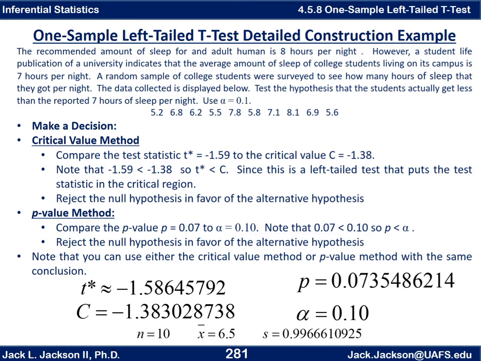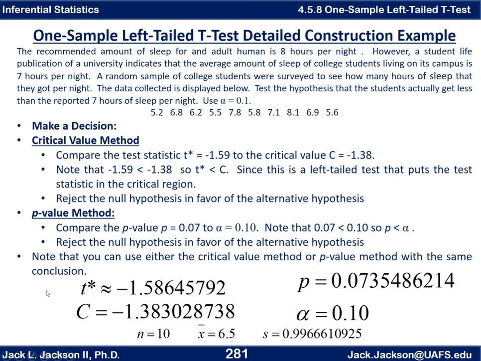So, note that we can use either the critical value method or the p-value method, and we reach the same conclusion that we're going to reject the null hypothesis. Now, when you're reporting this, it's typically much better to report the p-value, because you can look at this with a p-value of 0.07.